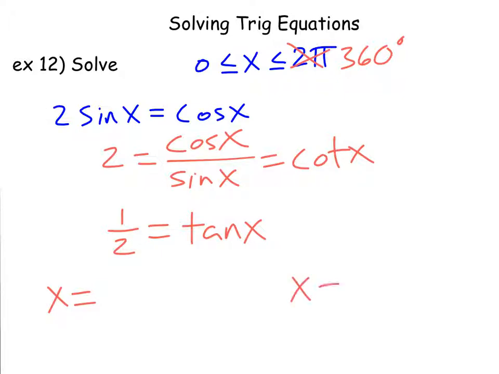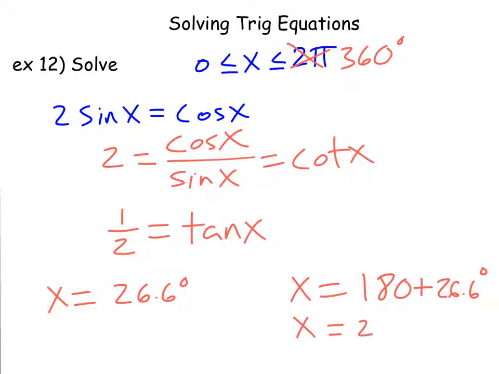I'd be all set up to do inverse tangent of a half. Calculator would give me 26.6 degrees. As always with tangent, I would add my first answer to 180 to get my second. That would give me 206.6.